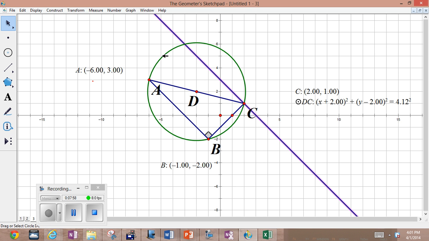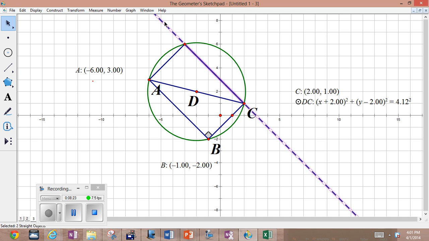And so here's a rectangle. Let's construct that intersection right there, and that point now will form a rectangle.